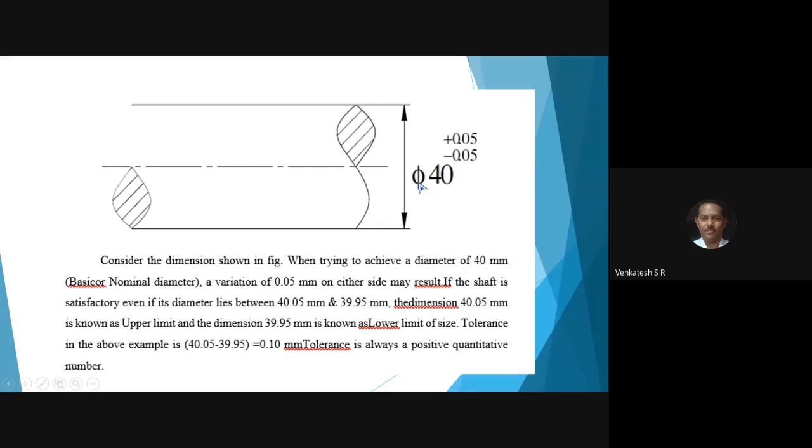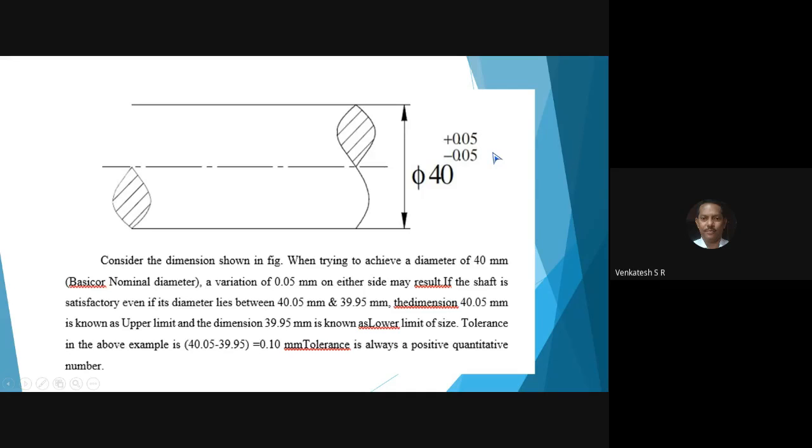And you can write the dimensions plus 0.005 and minus 0.05. If you write like this on the dimension, the negative symbol indicates lower limit.